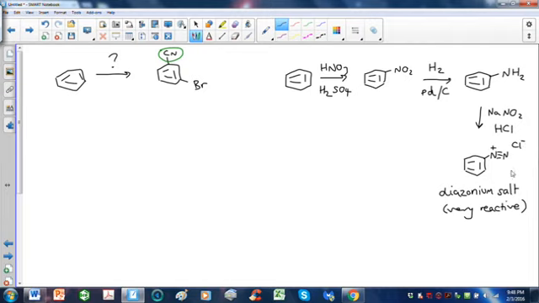The reason why this is so very reactive is that this N2 group is so willing to come off as nitrogen, which is a very stable molecule. This is so reactive that you can then react all sorts of compounds in here and put on a variety of different groups, one of which is cyanide.